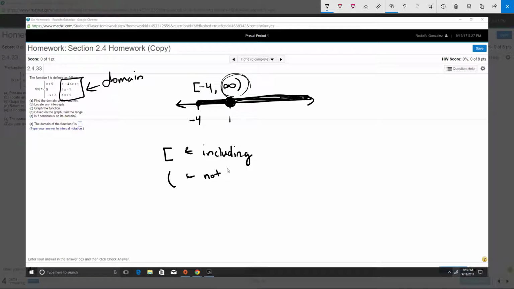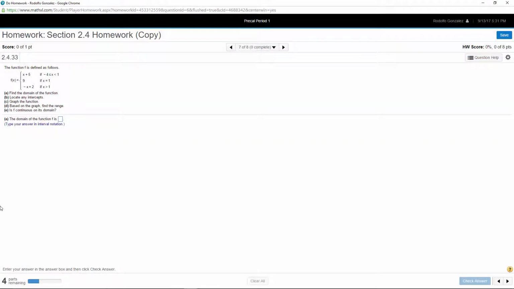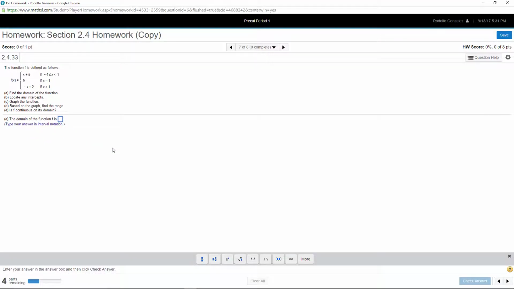All right, let's plug this into our equation and see what we get. We said our domain is from -4, comma, to infinity, and then close parentheses.